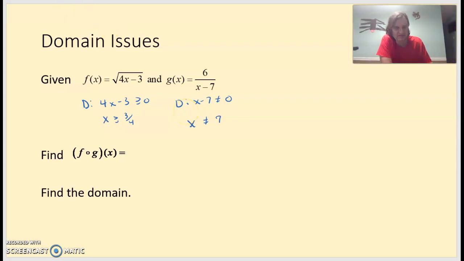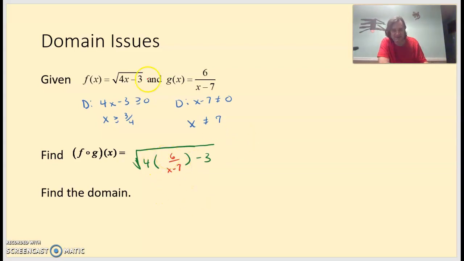So first of all, let's go ahead and write out our f of g. f is the square root of 4 times a placeholder minus 3, and in that placeholder, we're going to put 6 over x minus 7.